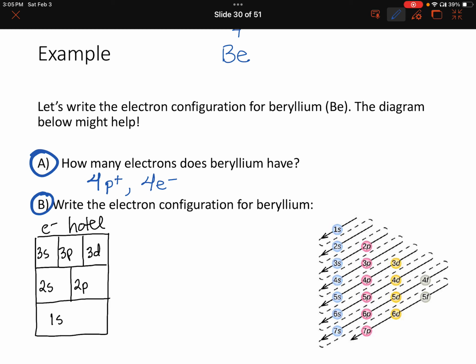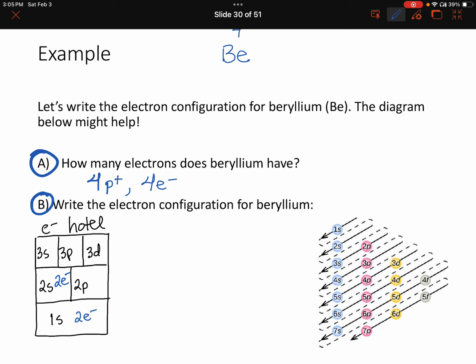So beryllium's first 2 electrons are going to stay in that first room. And then we're going to go to the next highest energy room, which is the 2s room. And that can also hold 2 electrons maximum. Okay, so that's a total of 4 electrons. So we're already done, right?